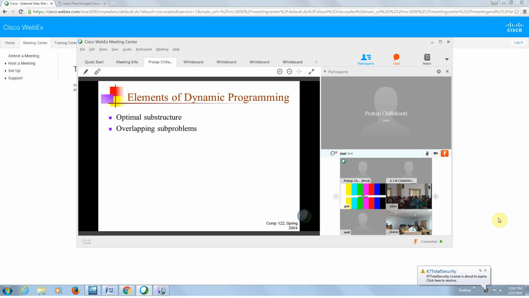And then there are overlapping subproblems. I gave you the example of factorial. When you go down, you keep computing the same n minus 1 factorial, n minus 2, and so on. Whenever you have that kind of overlap, you compute the solution once and save it in a table, so you don't have to spend time computing it again.